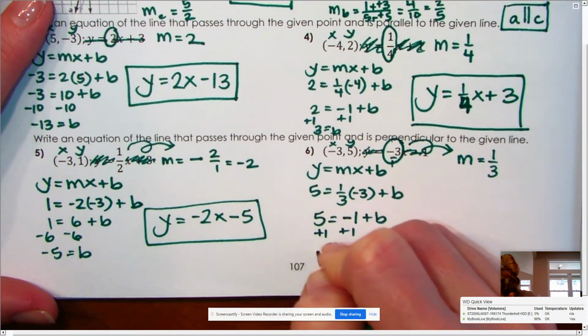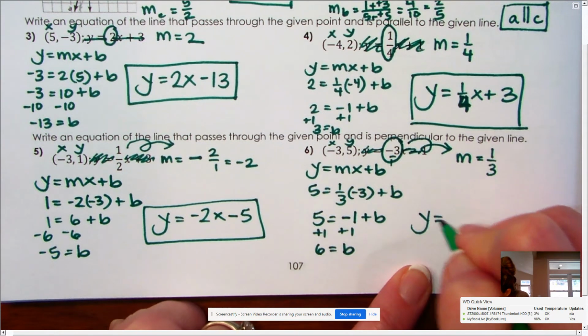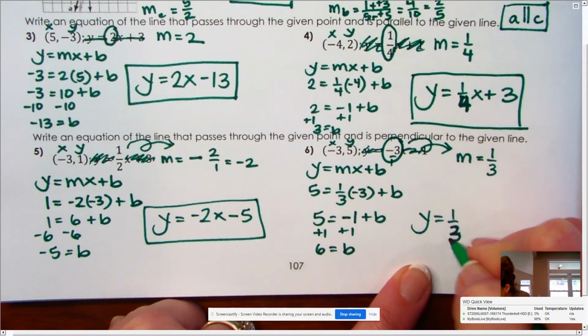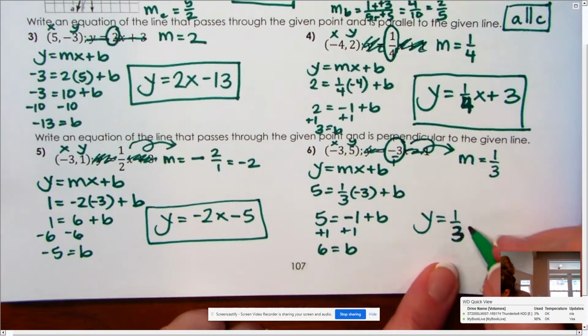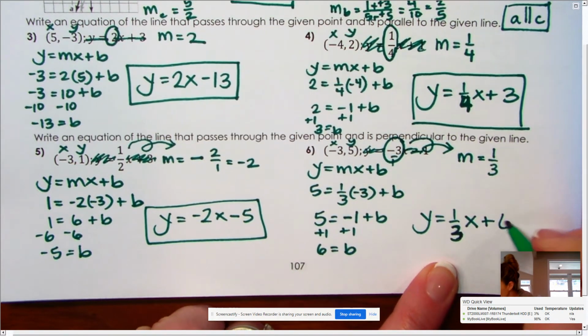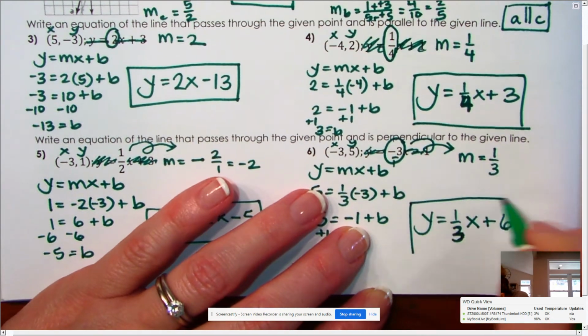When I add 1 on both sides, I get b is equal to 6. So y equals m. See, that's why I don't know why I always write it 2. Y equals mx plus b. Our m was 1/3, our b was 6, and that's our final answer.